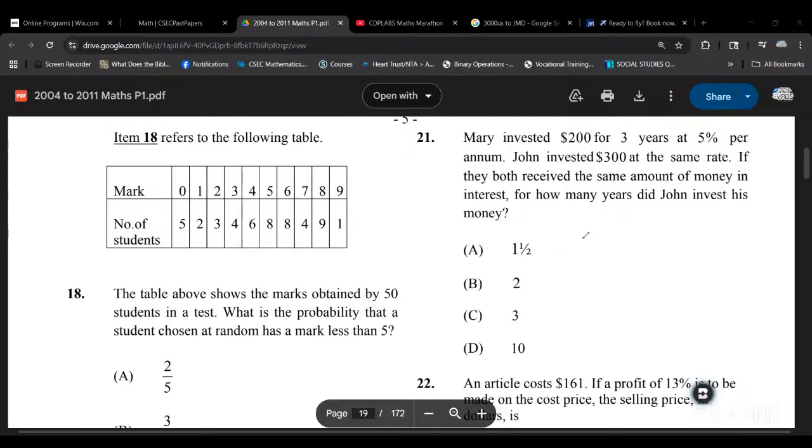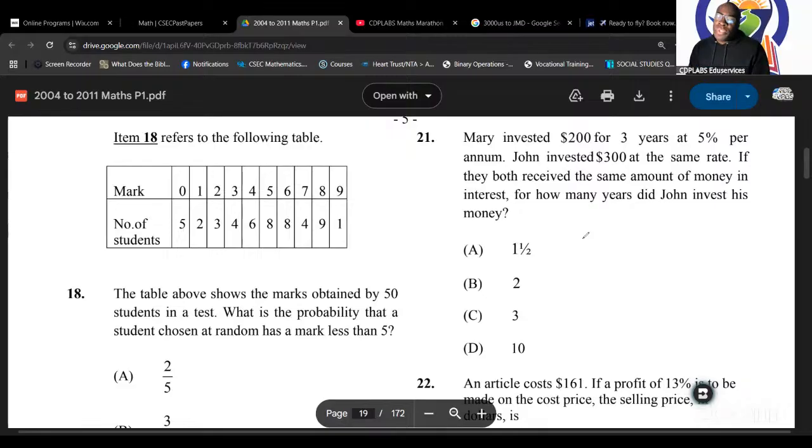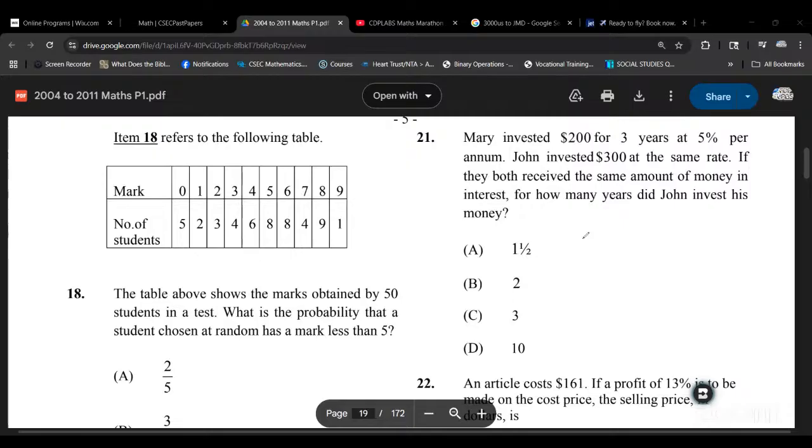So 1% of $200, you just divide it by 100, and you get $2. And that 2 now is multiplied by 5, gives you 10. And then times 3 gives you $30, as I said, right? So that $30 now will be multiplied by 100. So interest times 100 will give you what? $3,000 divided by the principal and the rate.